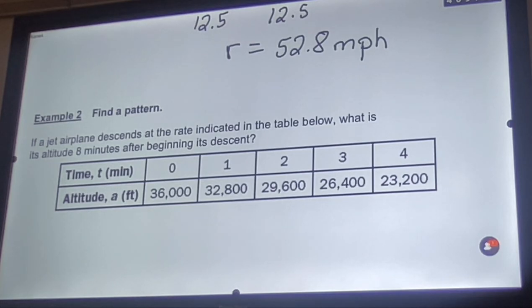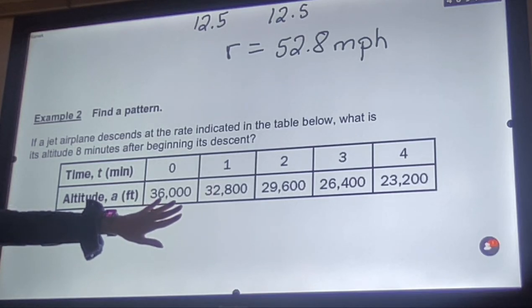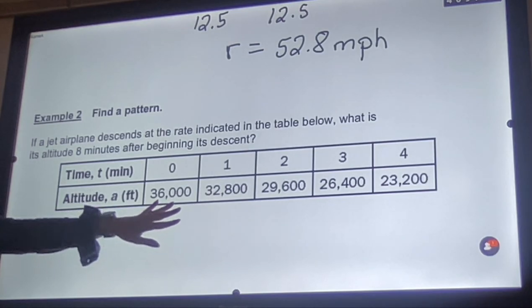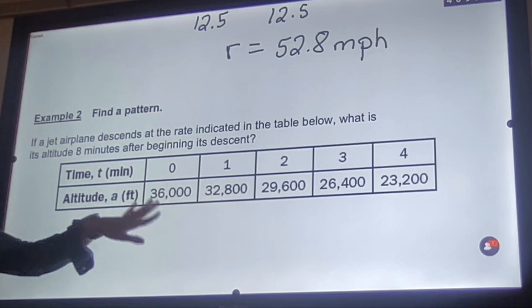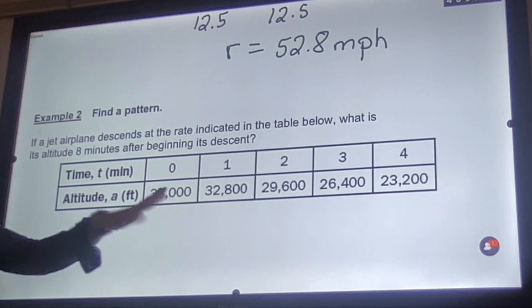But it wants us to use the table to see if we can try and find a pattern. And this plane is at 36,000 feet, which is very typical when you're flying. The pilot gets on a couple of times and says, we've reached our flying altitude. Generally, you're around that 36,000 feet level when you're flying a fair distance.